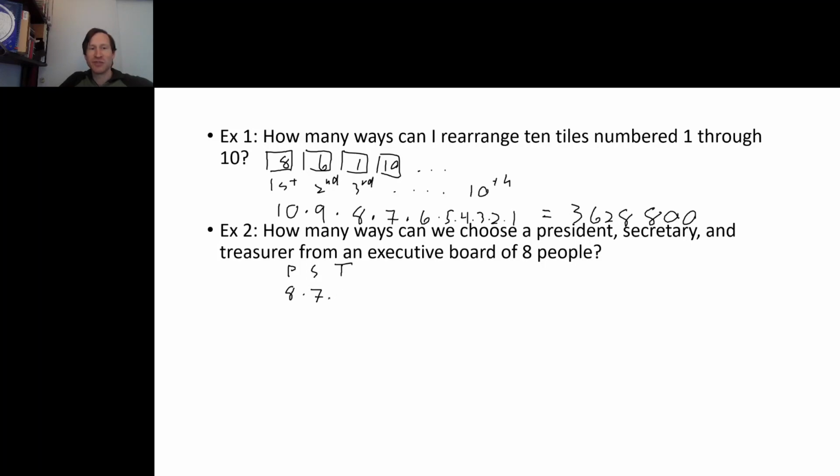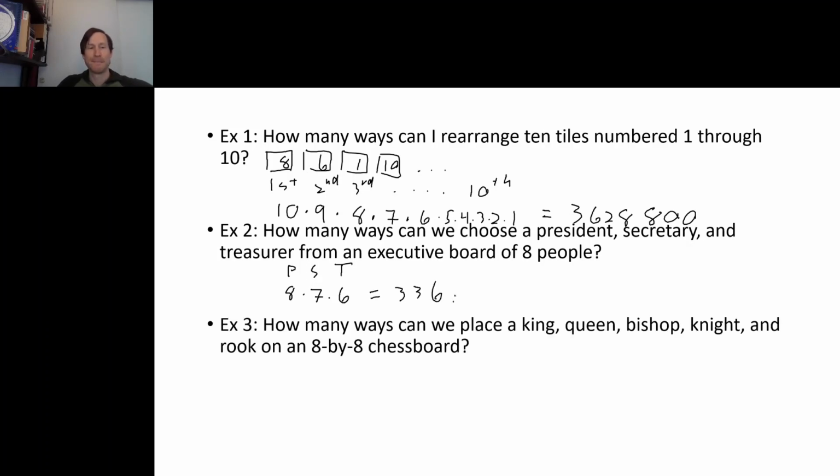And then when we choose a treasurer, there are only 6 people left to choose from. So our total number of possibilities is 8 times 7 times 6. This is 336 possible ways of choosing a president, secretary, and treasurer.